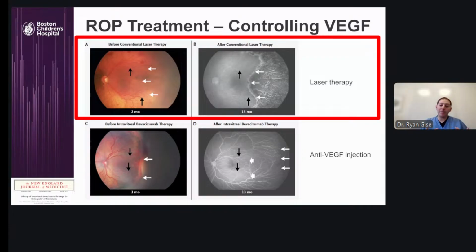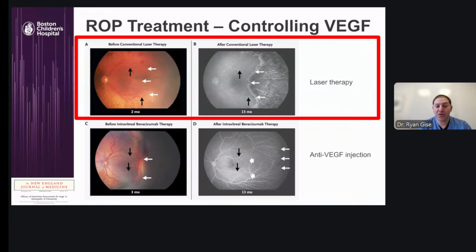So what I tell parents when I'm recommending anti-VEGF injections is that one of the major benefits is that the retina will still have a chance to grow, and it will help improve the amount of retina they have to see.